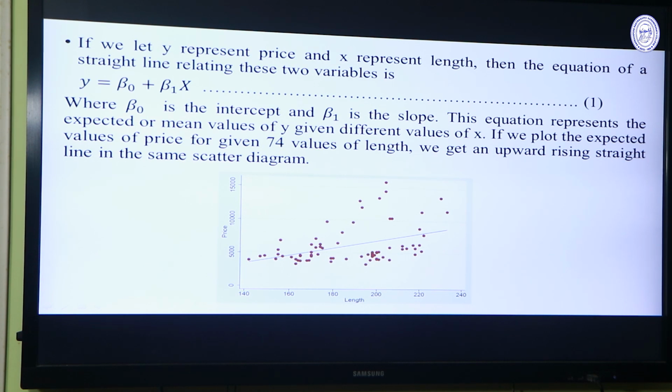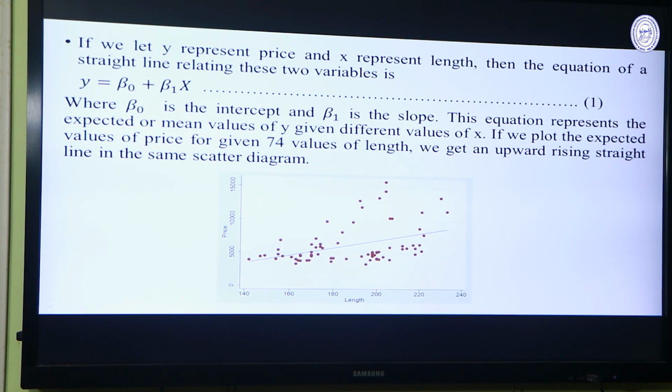Now, from this equation we are getting different expected values of y for given values of x. So, we are getting the expected values of y, which are the mean values of y for different values of x, and here we have 74 values of x, which is 74 values of length.